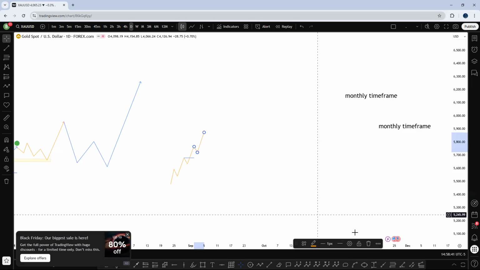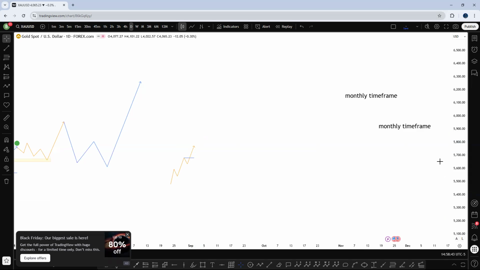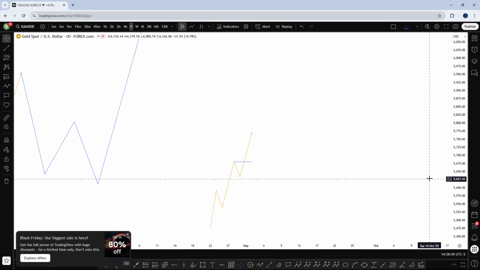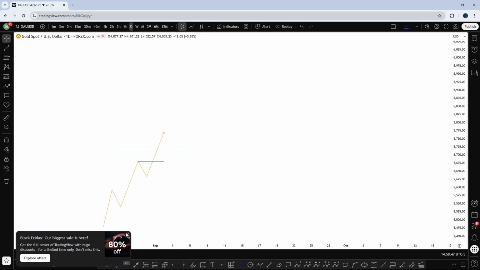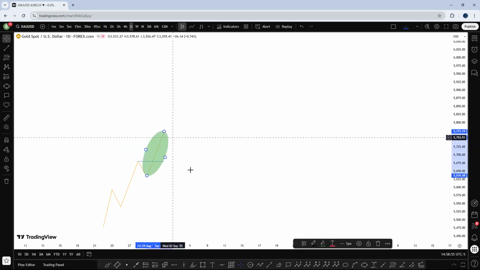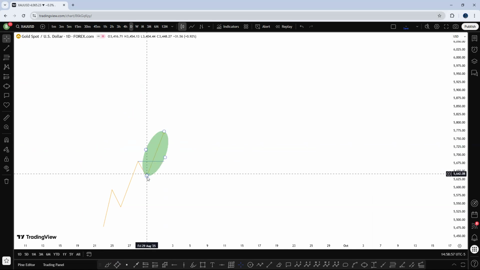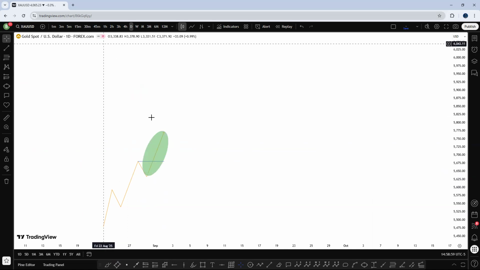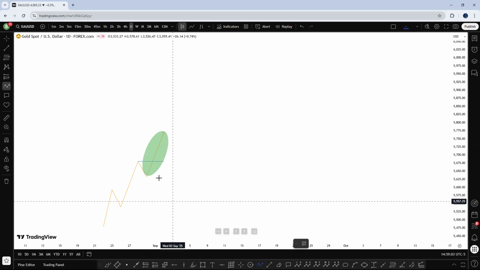So what you do, you have to know the degree of your time frame. If you are on a daily time frame like this, you have to switch to 4 hour to see the right structure market is using.